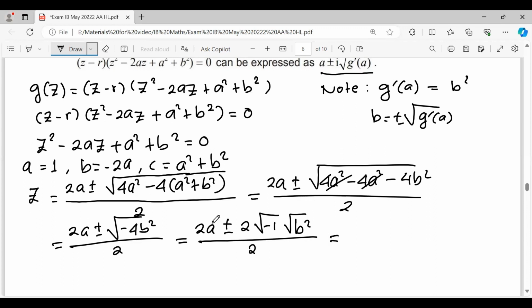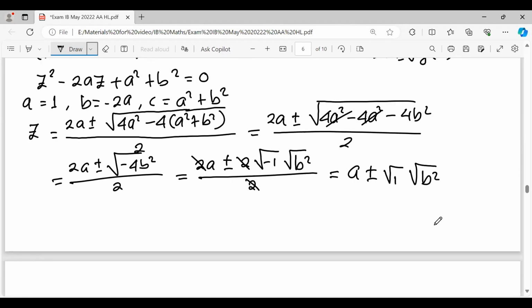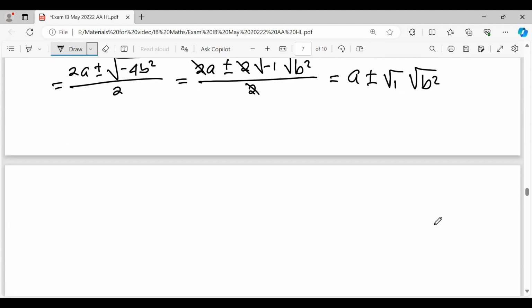And it is divided, so a plus minus the square root of minus 1 times b squared. So it is a plus minus, this is i.